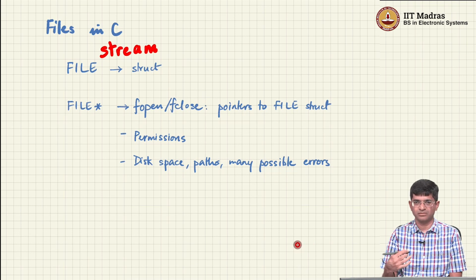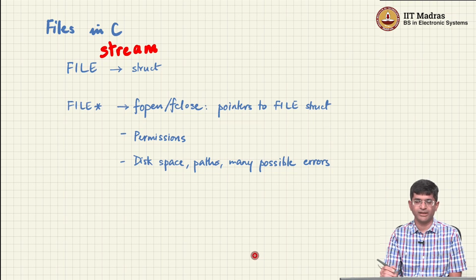It basically looks at the data that you are storing as simply a stream of bytes. What do I mean by a stream of bytes? One byte after another, just flowing continuously, with no particular interpretation attached to it. I do not care whether it is a set of integers, shorts, floats, or structs. All I am saying is it is a stream of bytes.